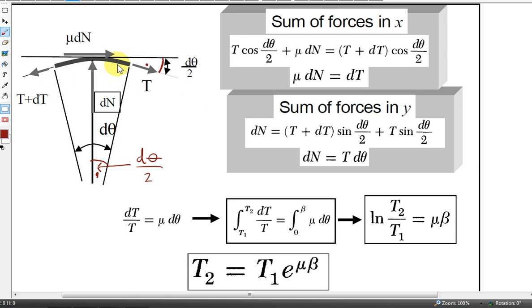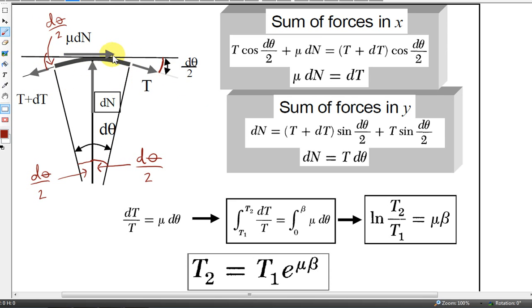The belt is lying over some circular object, so this line is just a tangent to the circle. Similarly, we have that this angle here is d theta over 2, because we're dealing with circular symmetry here. This piece of the belt is a segment of a circle.